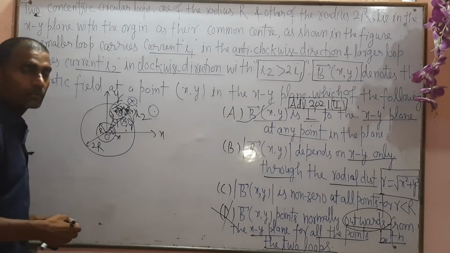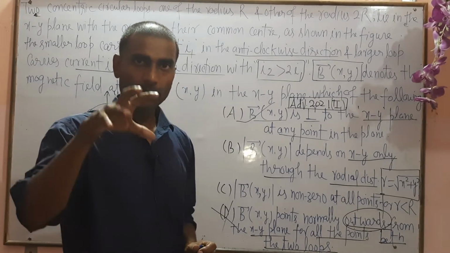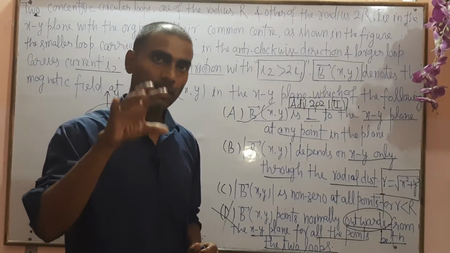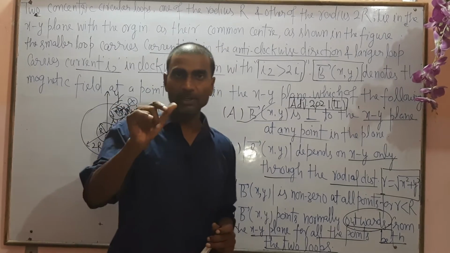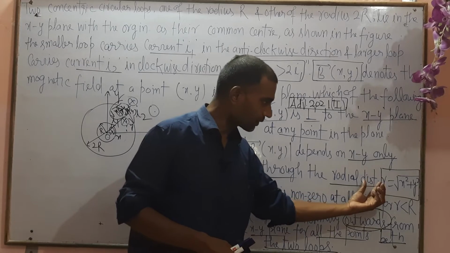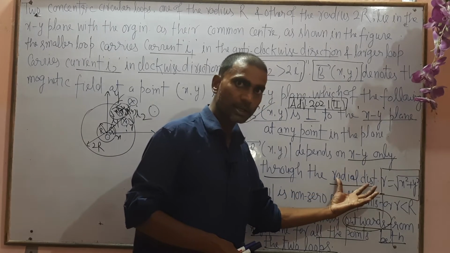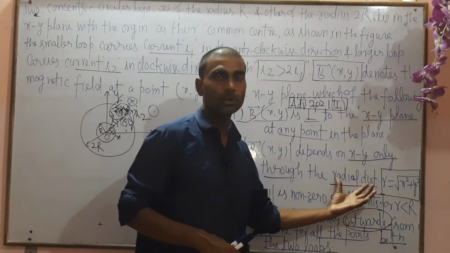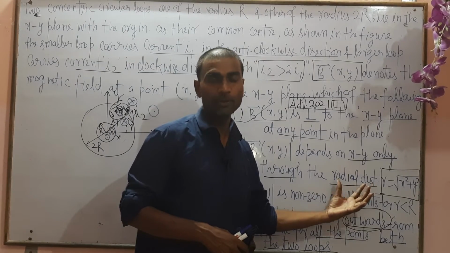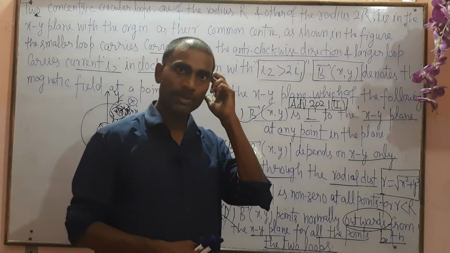So the magnitude of the B vector depends on xy, because for radial distance r we know that B equals mu naught by 4 pi, I beta upon r, where r equals root of x square plus y square.